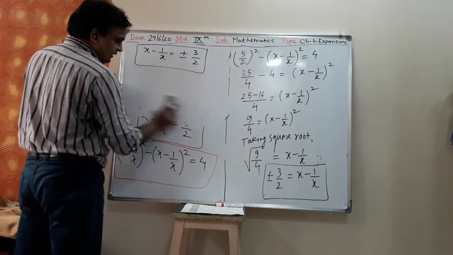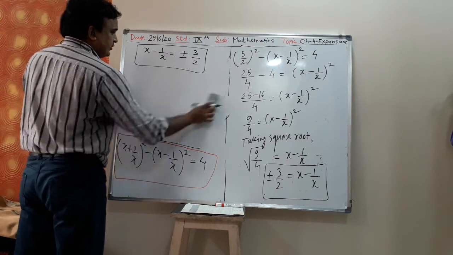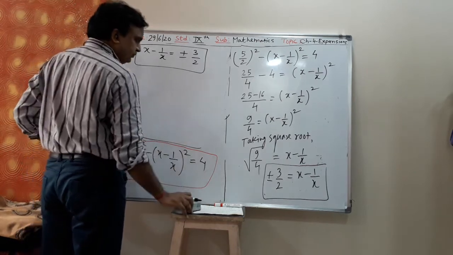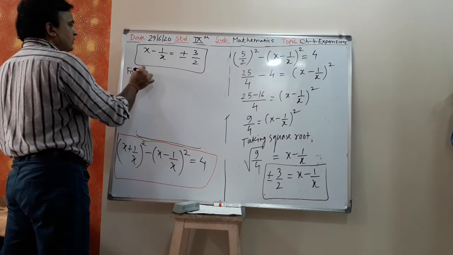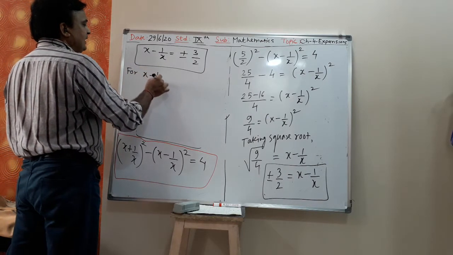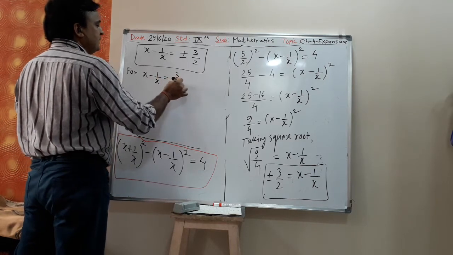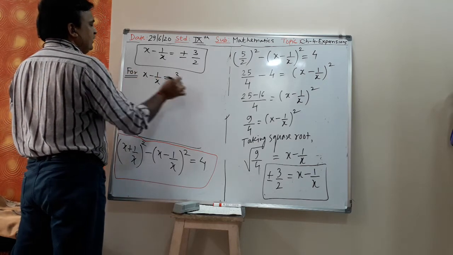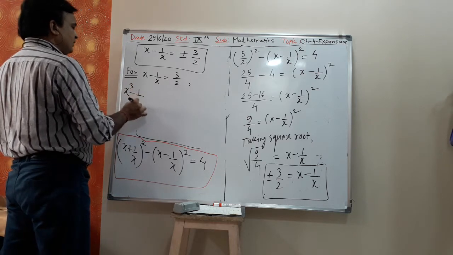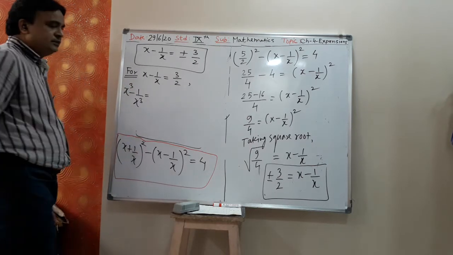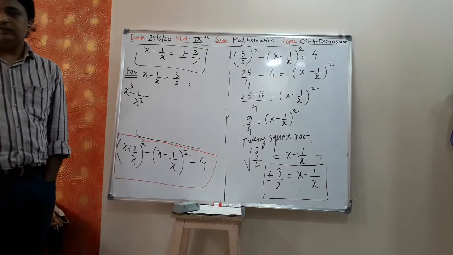So now let us find the other part: x cube minus 1 upon x cube. For x minus 1 upon x as plus 3 by 2, for this value I will find x cube minus 1 upon x cube. I use the direct formula.